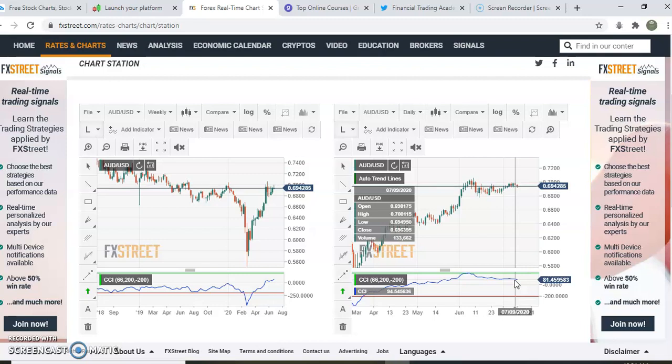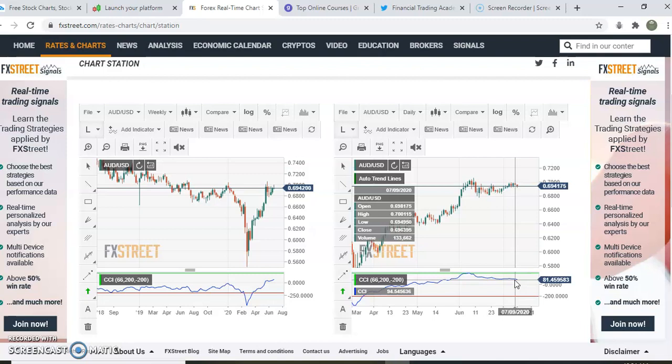But the most important thing is that Australian dollar against US dollar is a trendy pair, which means that the pair tends to move in a trend. So once we see the CCI hitting the threshold plus 100 or plus 200, for a while we should be expecting the price going in that direction.